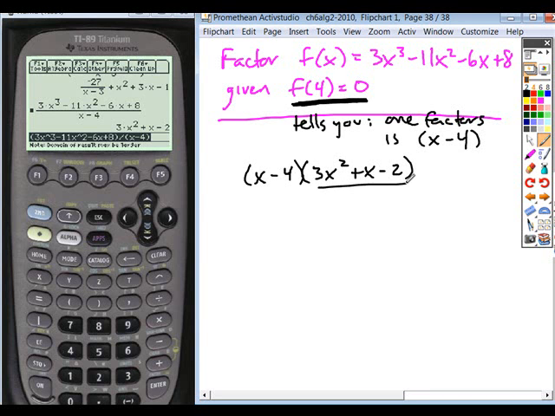Can we factor this further? What does it factor into? If we were to attempt to do this, we have a coefficient, something other than a 1. So do you recall from the chapter 5, 3 times a negative 2 is negative 6.